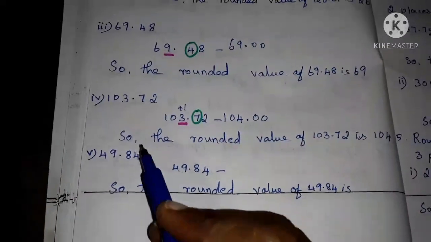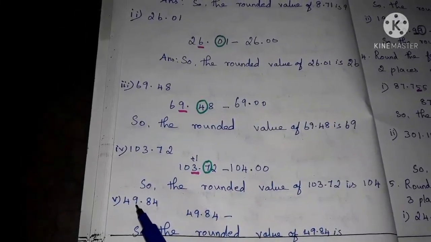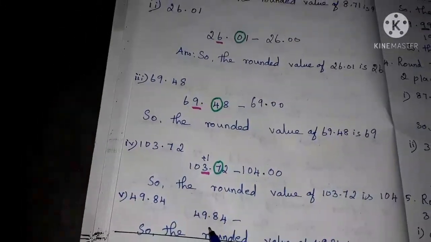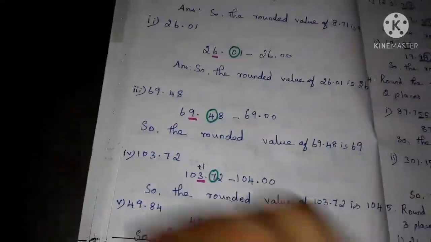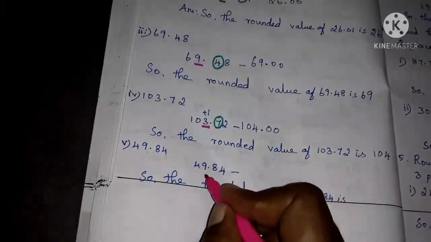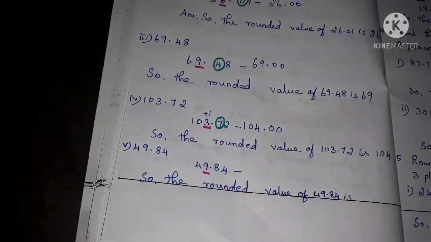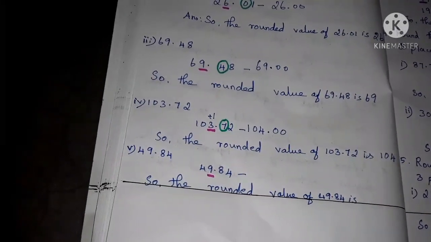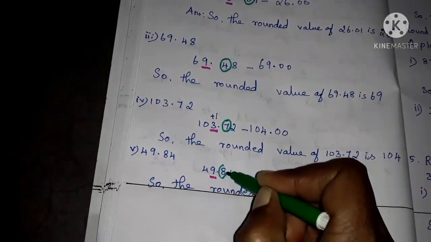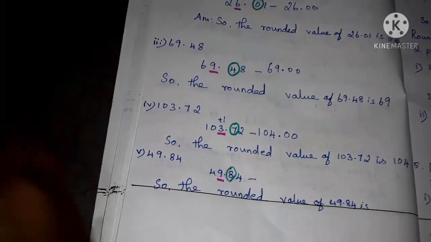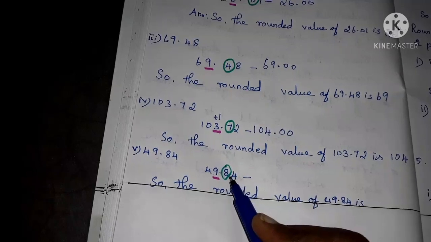Next, nearest whole number means we have to underline the whole number. So here also we underline the whole number. Next, look at the right side of the underlined digit. Now we have to see whether it is less than 5 or greater than 5.